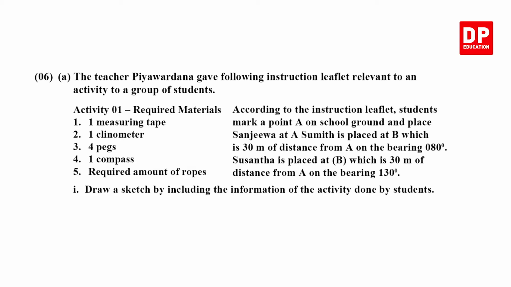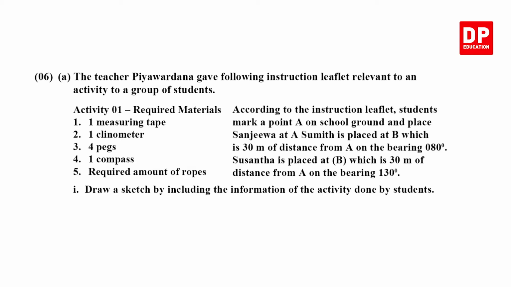Activity 1, required materials, measuring tape, clinometer, 4 pegs, 1 compass, required amount of ropes. According to the instruction leaflet, students mark a point A on school ground and place Sanjeeva at A.